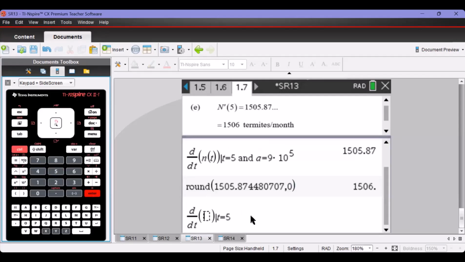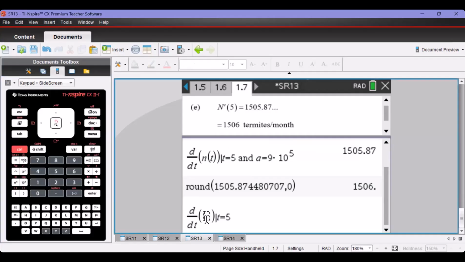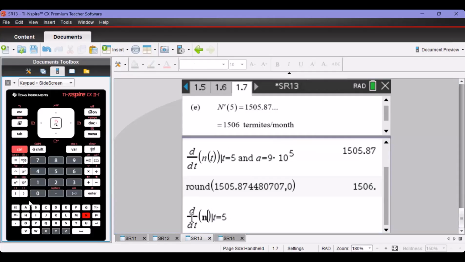What we need to do is add inside here n of t, and then add and a equals 9 times 10 to the power of 5. So inside here, I'm going to type in n, open bracket, t, then come outside just to the right of t equals 5 using the navigation pad.